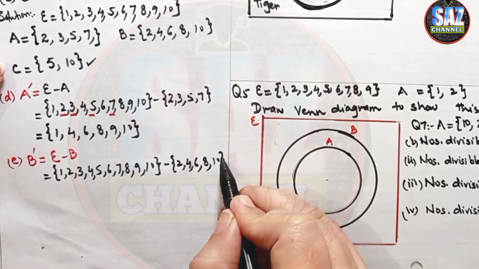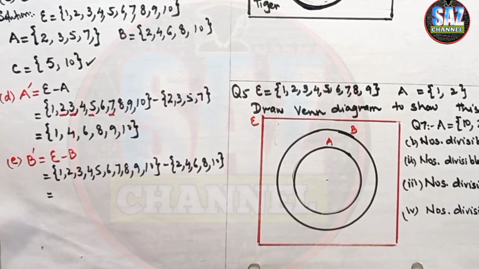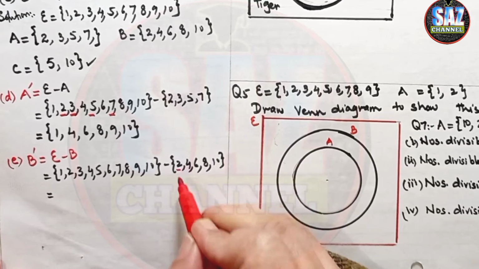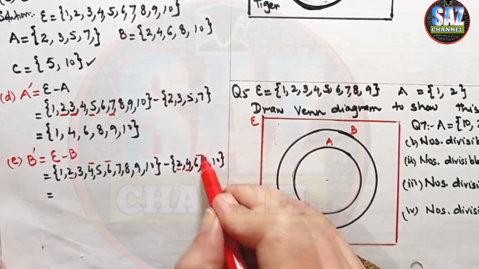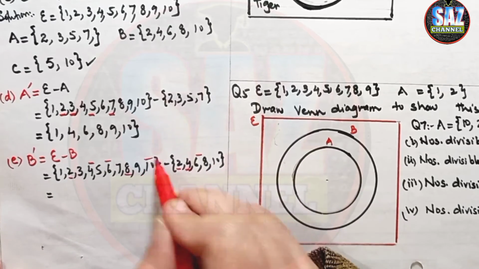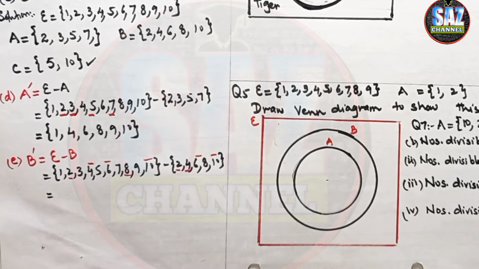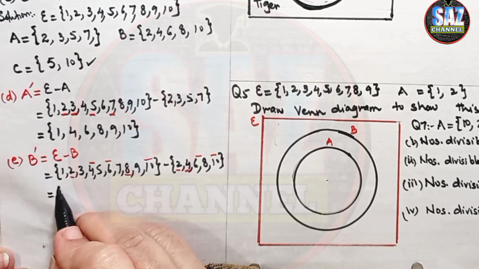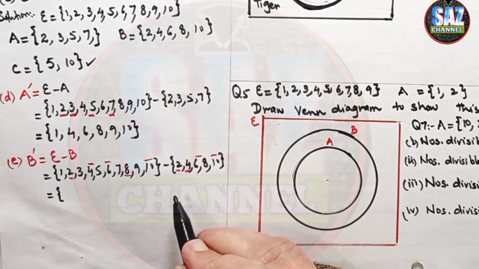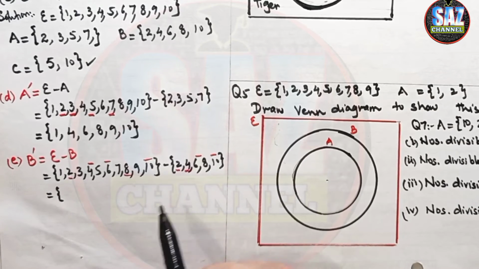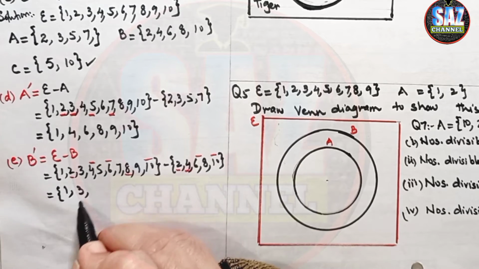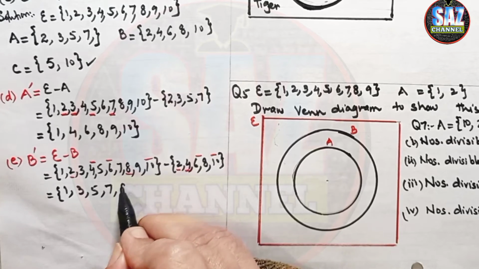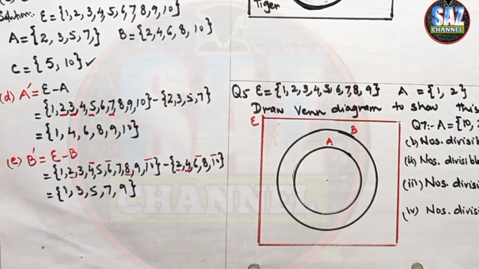Now, which elements will be coming in B complement? The elements which are present in both the sets, I'm going to discard them. The complement will consist of the remaining elements of universal, and as from the first 10 natural numbers I'm taking away the even numbers, I will be left with odd numbers 1, 3, 5, 7 and 9. So this is the answer for B complement.